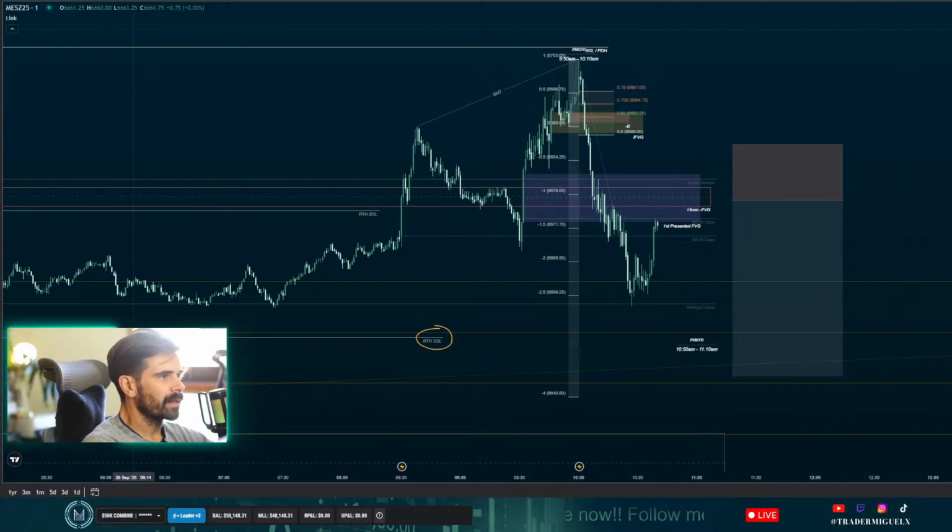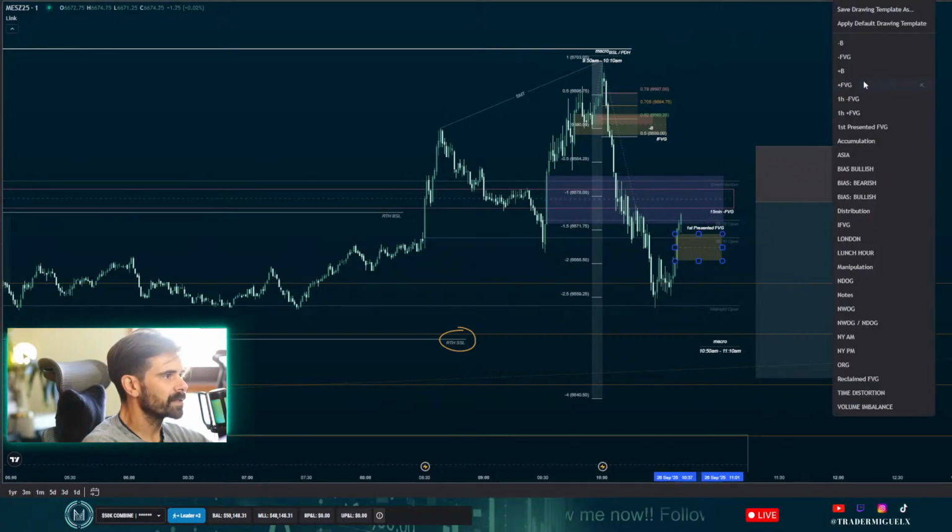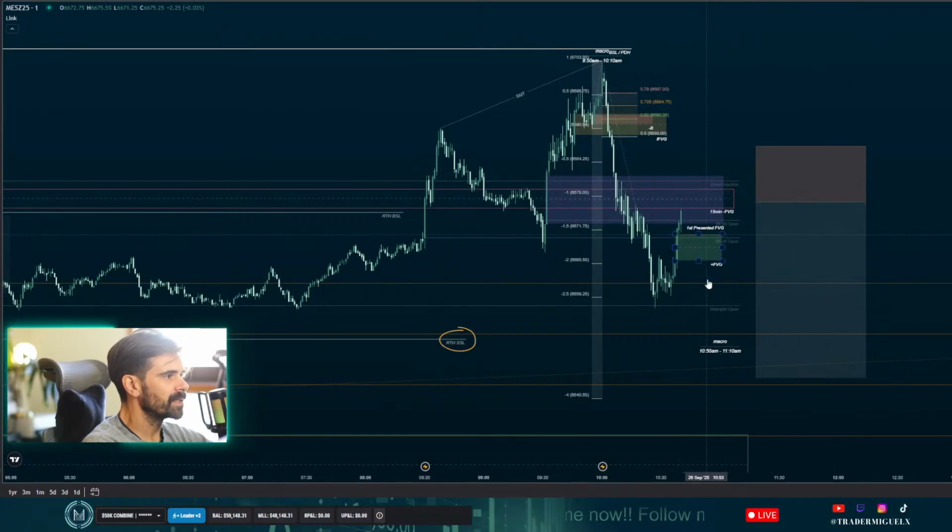Price really came back here. If we really invert this one, then we could work on some more lower targets, but it doesn't seem like that.